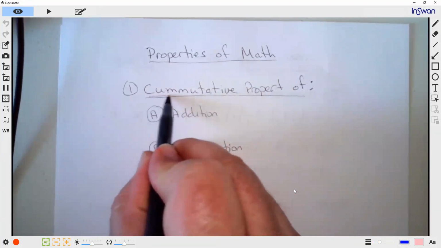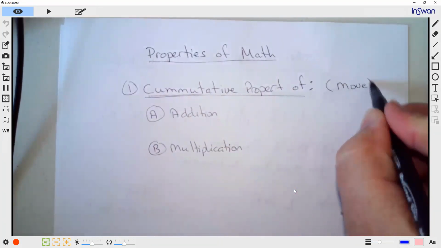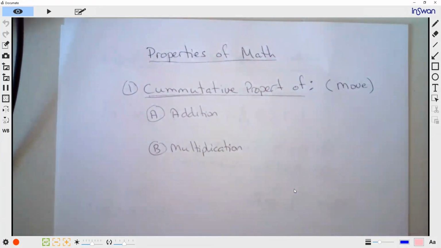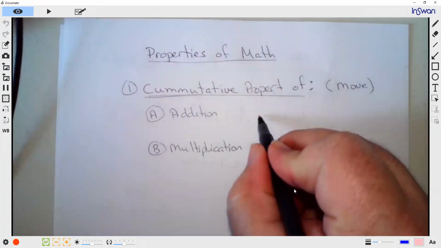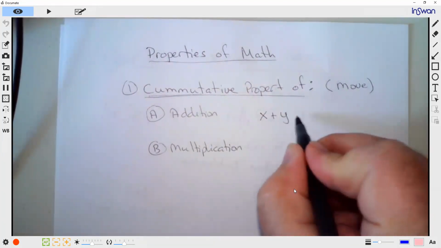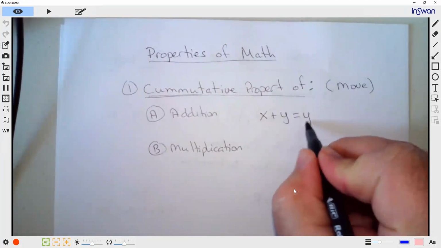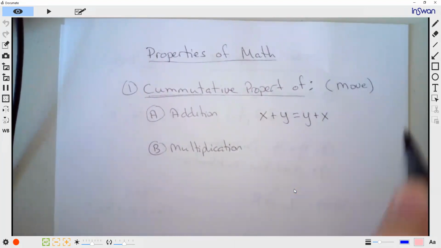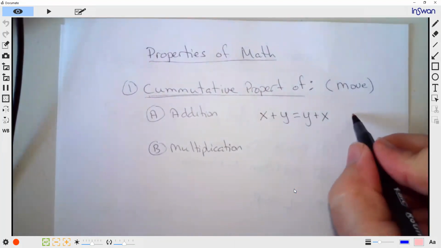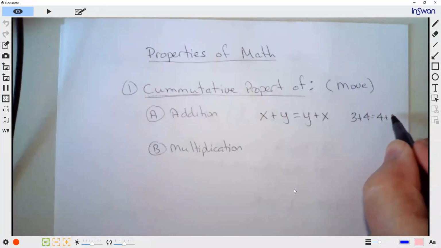Commutative, to commute means to move. So this property deals with moving things around. So if X and Y are numbers, if we had two numbers and we put them down, we could move them around and they'll give us the same answer. 3 plus 4 is the same thing as 4 plus 3.